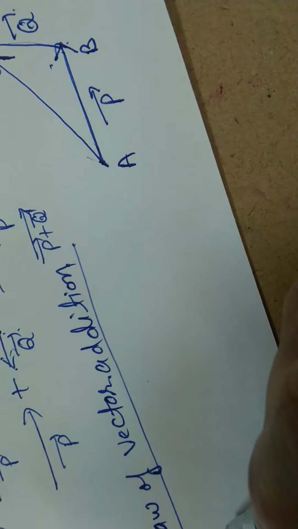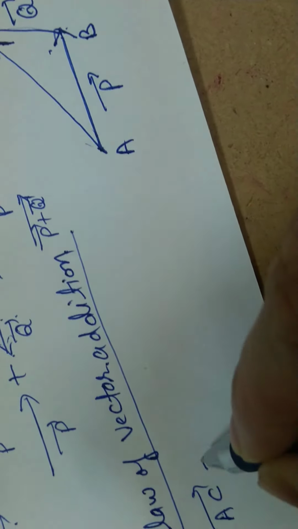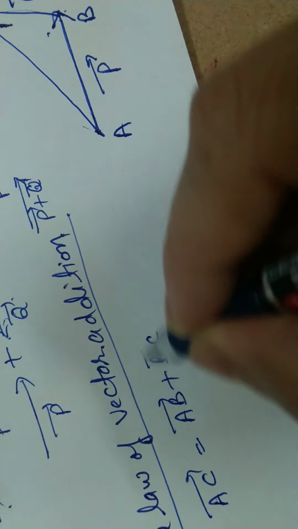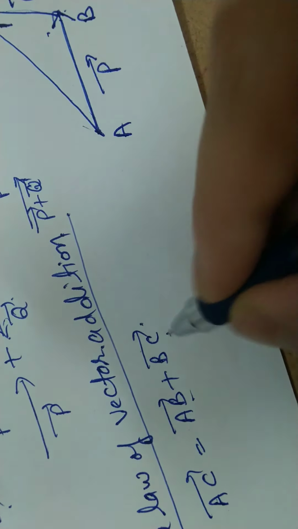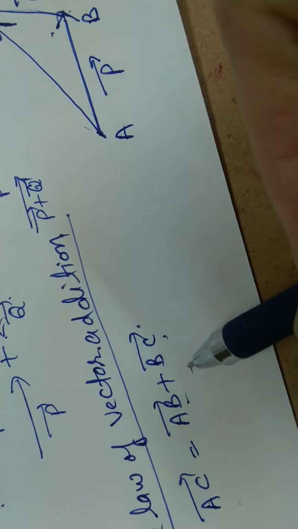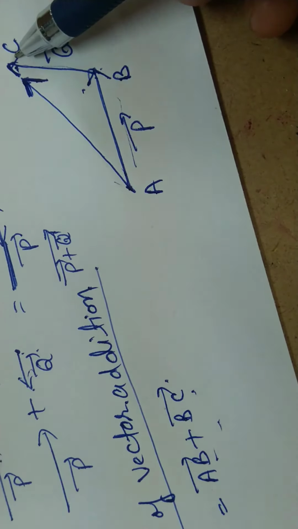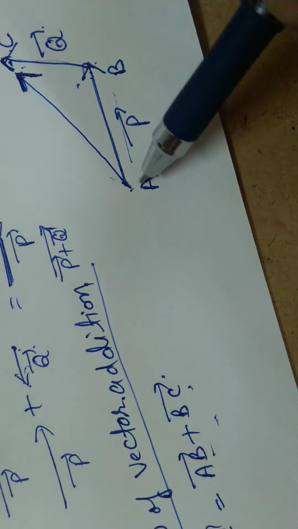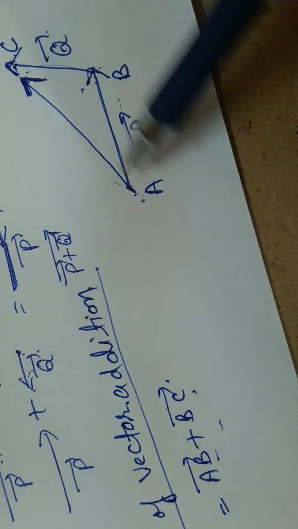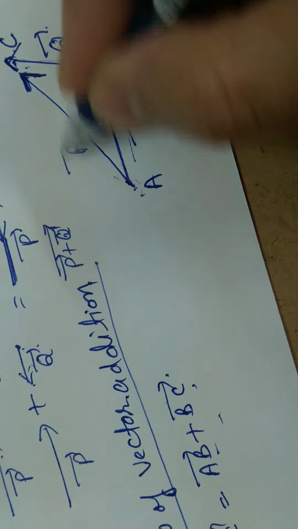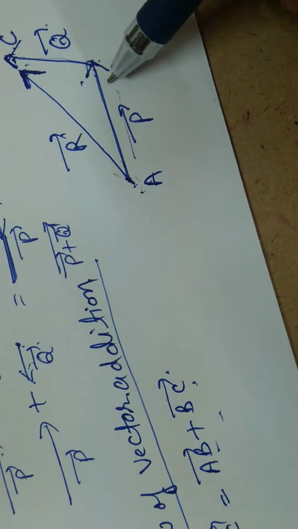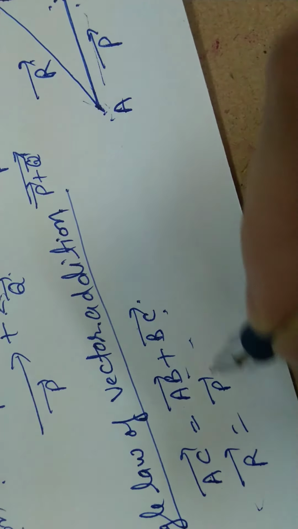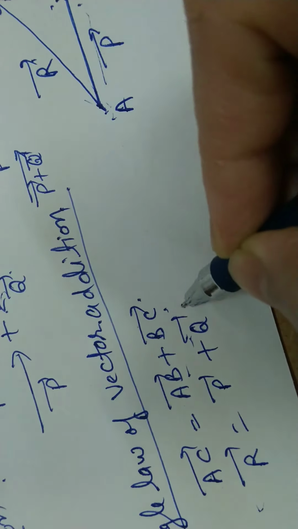It means the resultant AC vector is equal to AB vector plus BC vector. Keep this order in mind when we write it. Means in triangle ABC, AC is the resultant vector of these two, AB vector and BC vector, or we can say R vector is P vector plus Q vector.